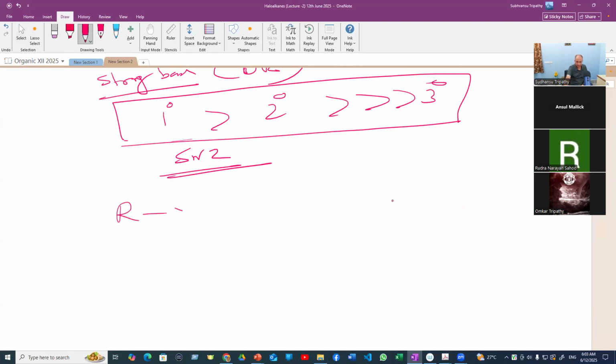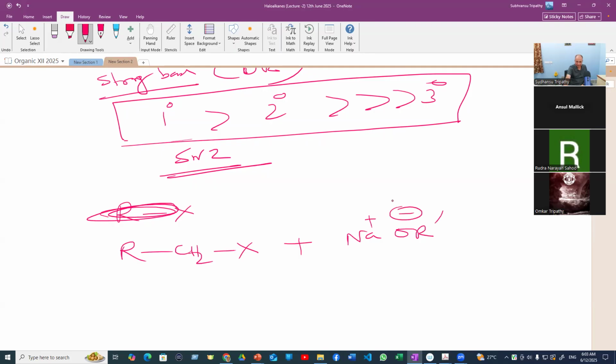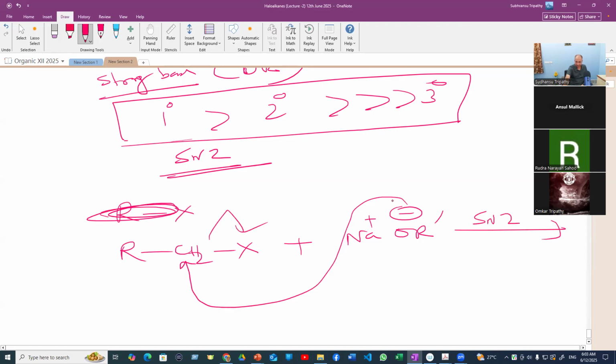So if you take RCH2X, and I'm deliberately taking RCH2X to show that it is primary, and take sodium alkoxide, this is the real nucleophile, which will go in SN2 mechanism in one step, and you get RCH2OR dash. Ether.